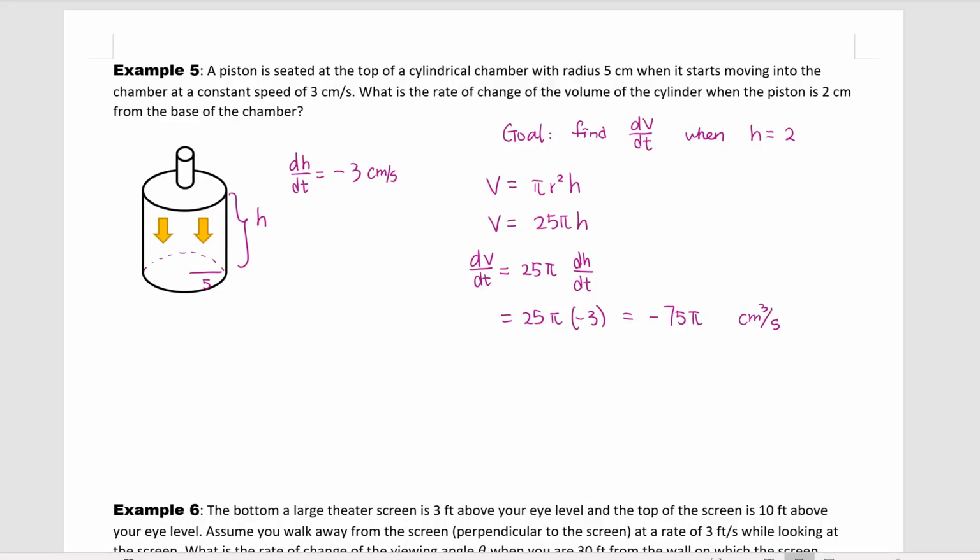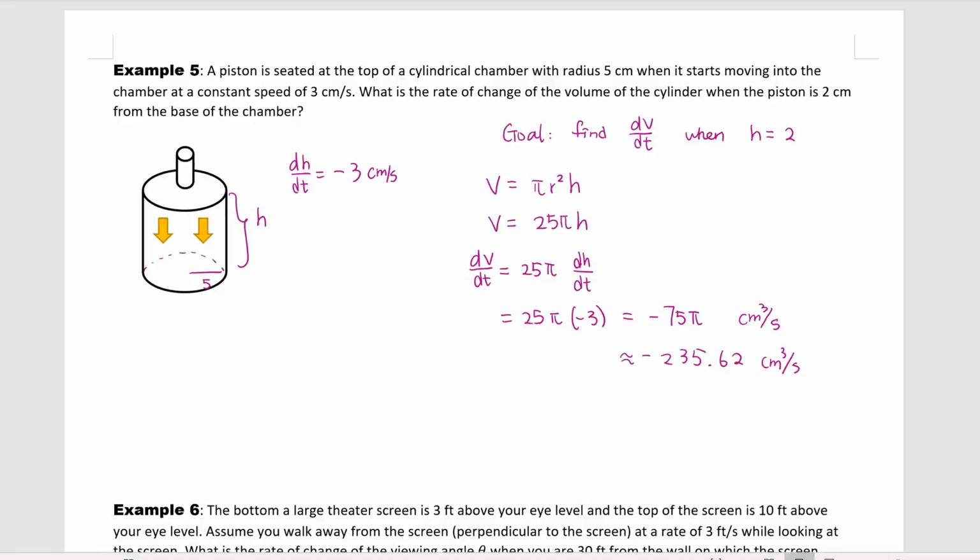That is our answer. If you want to plug it into the calculator, it is about 235.62 cubic centimeters per second. So that is example 5.